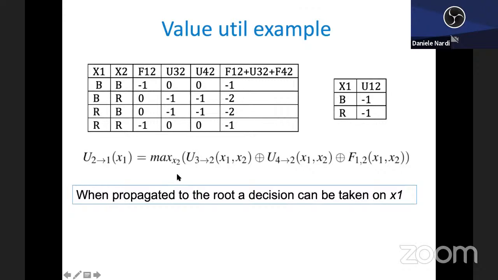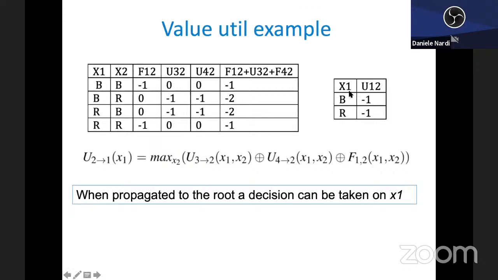The solution, again, we are maximizing by making the best choice according to x2, which corresponds to the first line, where if x1 is blue, the cost will be -1, and if x1 is red, the cost will be -1. And at this point, we are at the top of the tree, at the root of the tree, and the root has this information.